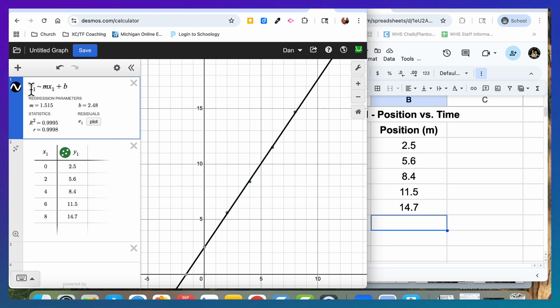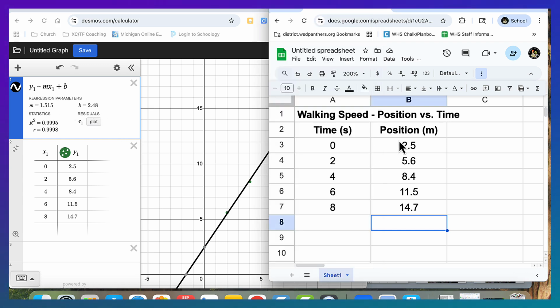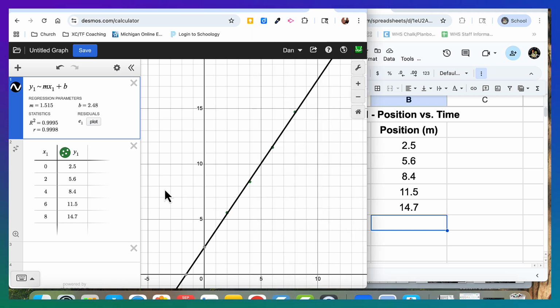So y sub 1, remember, that is going to be our position. So position is equal to m, which is our slope, and we know that the slope is 1.5-ish. Well, think about what that means, though. Slope is rise divided by run.